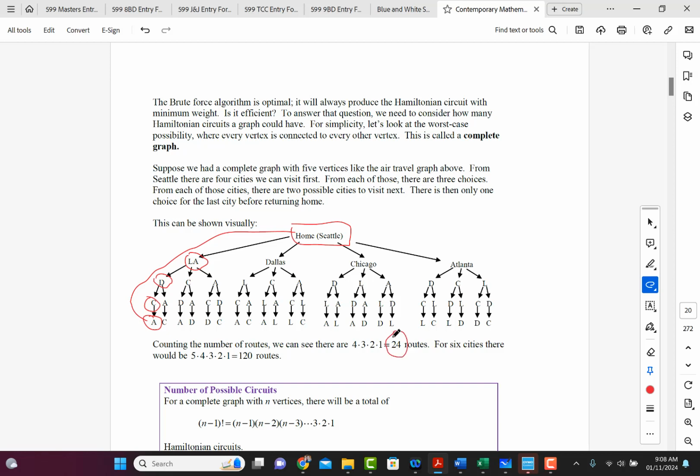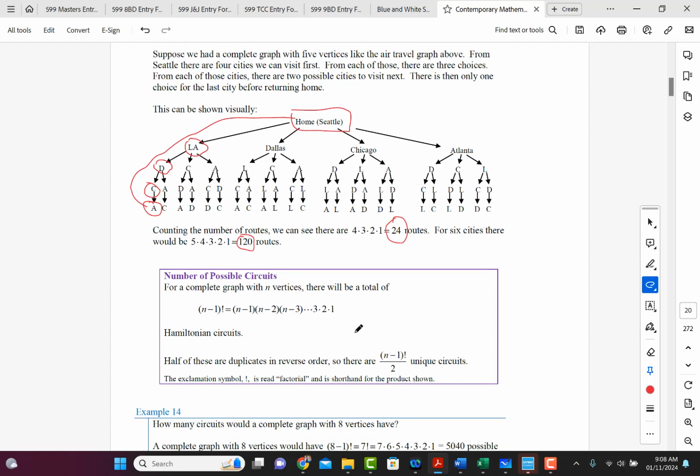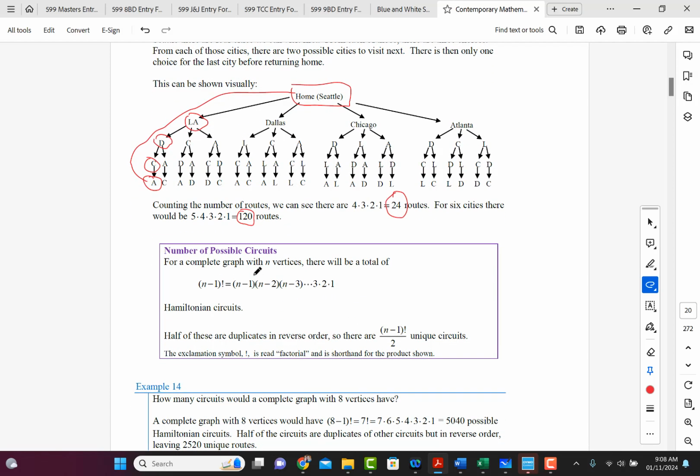How many different ways can we complete this? Well, there's going to be 24 routes before returning home. Now, for 6 cities, if we just add a city, it jumps up to 120 routes. So you can see how this will get out of hand very quickly. In order to find the total possible circuits, we use this formula, n minus 1 factorial.